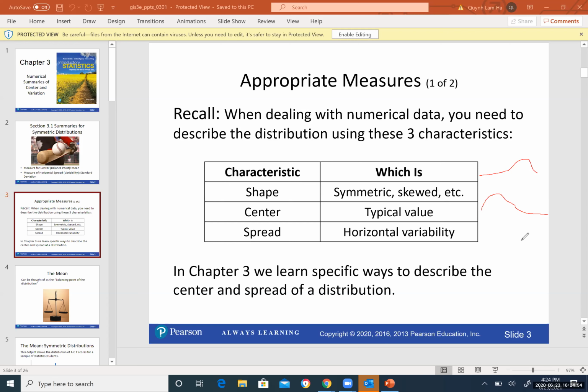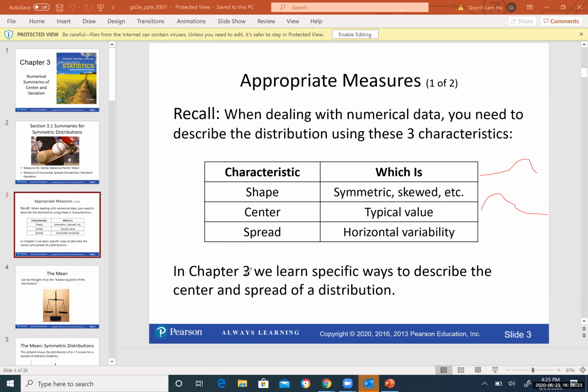For symmetric distributions, in section 3.1, you learn the spread is the small s, which is the standard deviation. The sample standard deviation is small s, abbreviated as S like Sam.